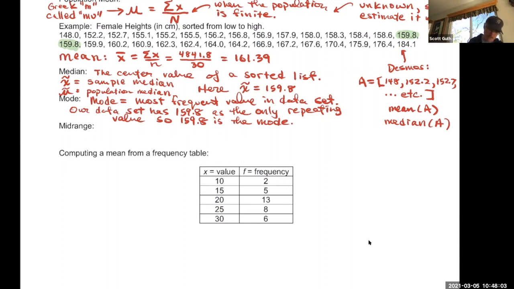Okay, so the mid-range is super easy. This is the max plus the min over 2. You're just averaging those. So here, the max is 184.1, but if the data values aren't sorted, I'm going to pop over to Desmos again real quick.